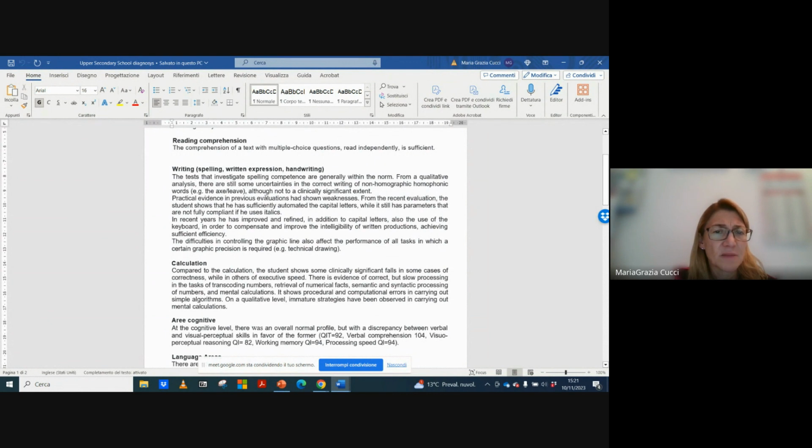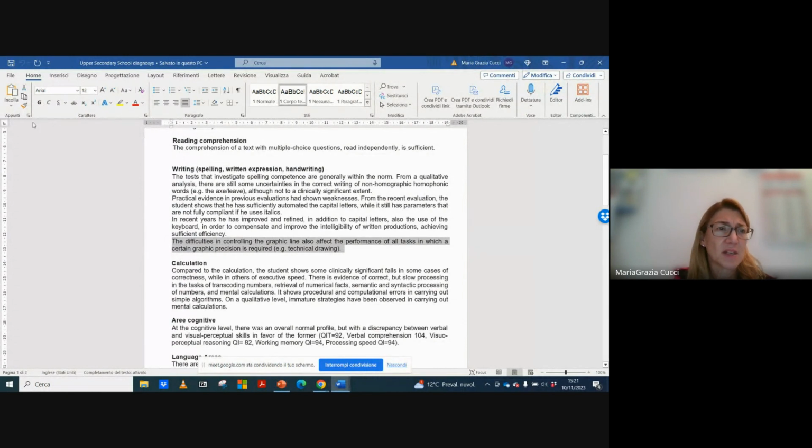Practical evidence in various evaluations had shown weaknesses. The difficulties in controlling the graphic line also affect the performance of all tasks in which a certain graphic precision is required, for instance, technical drawing.